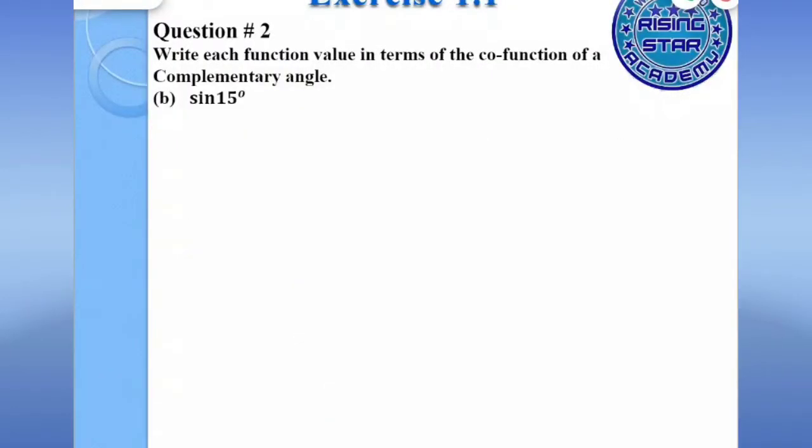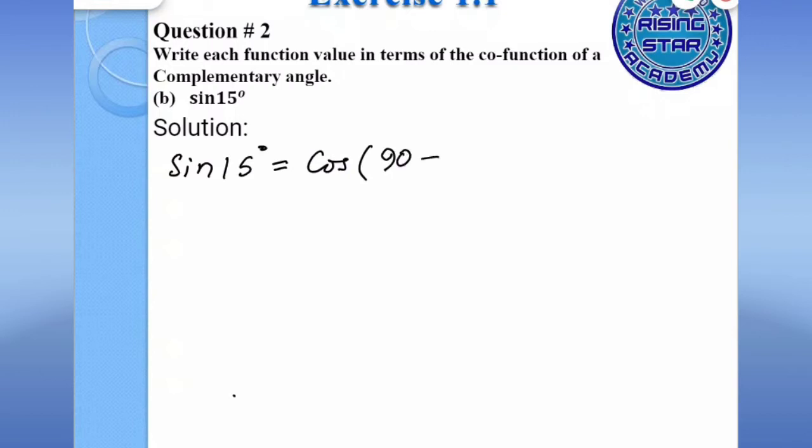Here we have sine of 15. The co-function of sine would be cos. Now I would write the solution for it. Sine of 15 is equal to, so the co-function for sine would be cos, cos of 90 minus 15.